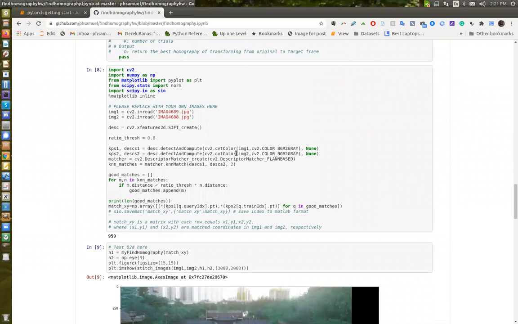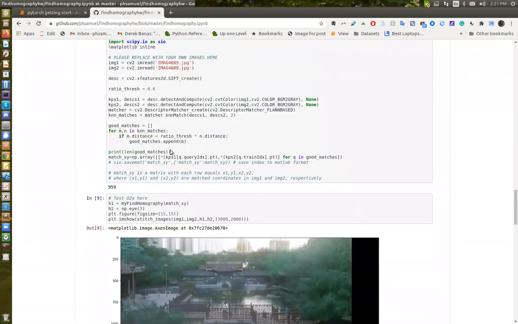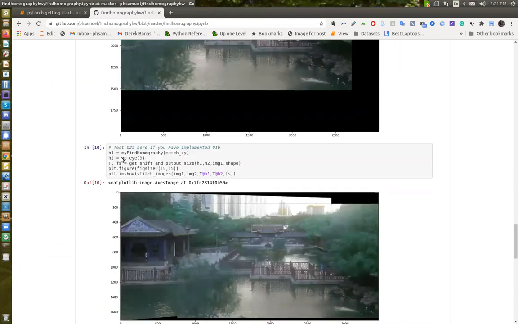If you want, you should be able to generate the matrix. The matrix is available here, and what you want to implement is finding the homography. That's the part where we say we're going to find the minimum eigenvector of A transpose A. And also there's an extra credit to do the RANSAC.